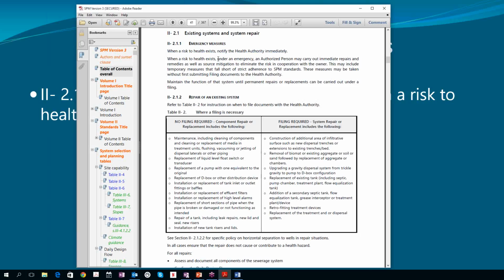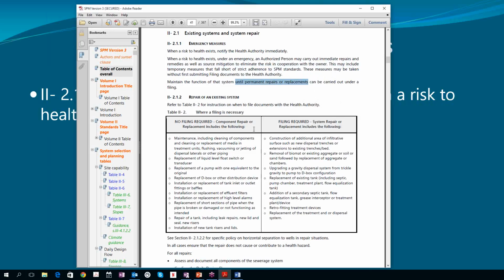And then under an emergency, you can carry out immediate repairs to eliminate the risk without a filing, and it does not have to comply with the SPM. You can maintain the function of it until permanent repairs or replacements can be carried out under a filing.